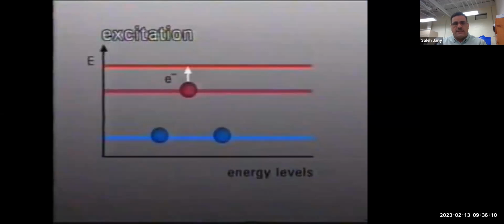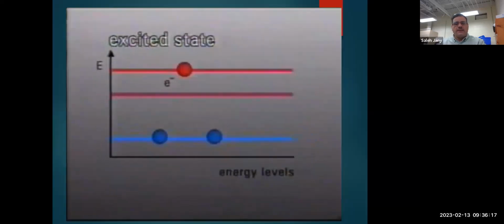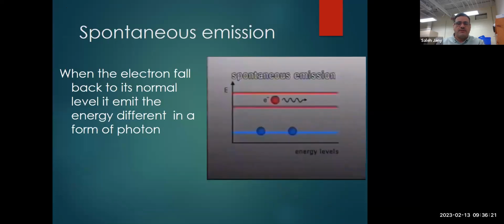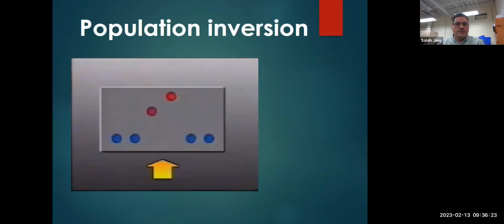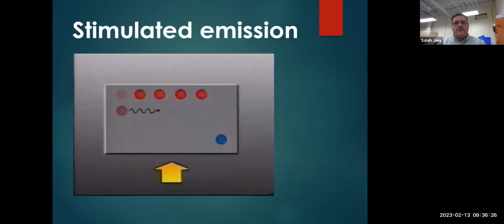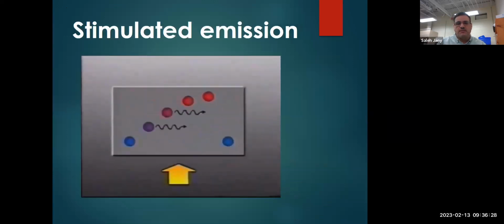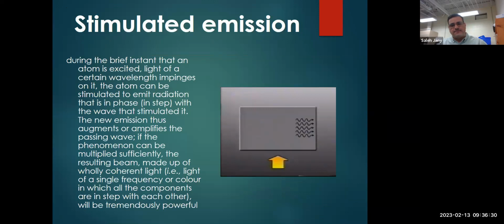This is called excitation, and you stimulate all the atoms in the material and get almost all of them to the higher level. And when one goes down, it will stimulate the other until we have multiple photons.